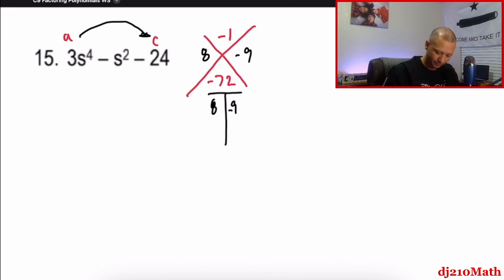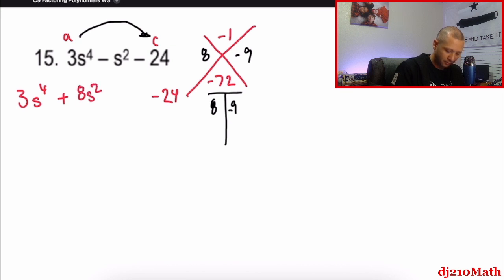The other way is that we write the first term, we write the last term, and we write the middle term broken up into our two numbers that we figured out. So this is going to be plus 8s squared minus 9s squared. And that makes sense because 8 minus 9 is negative 1.